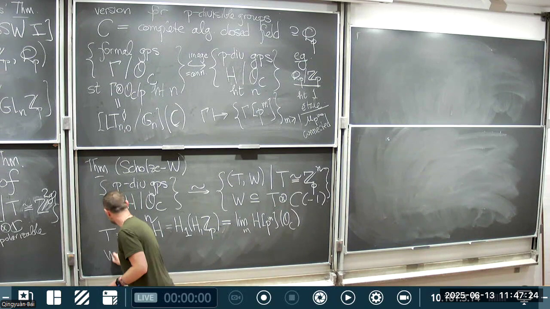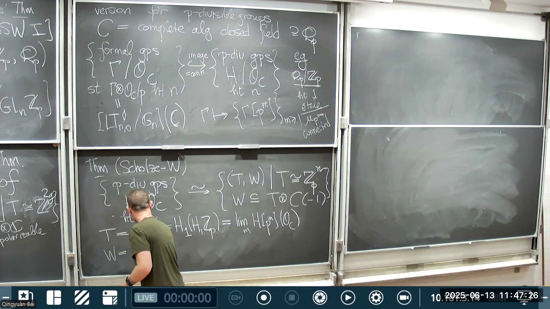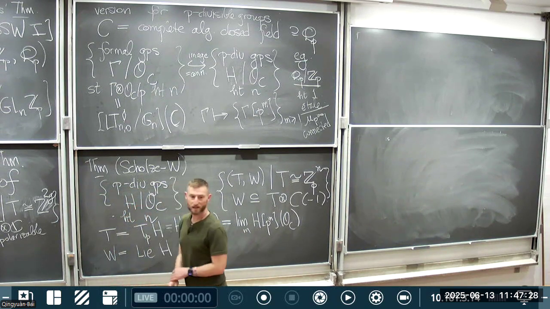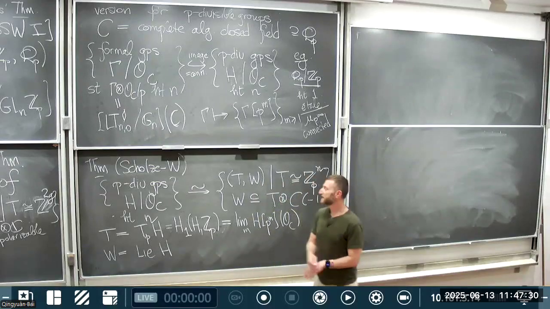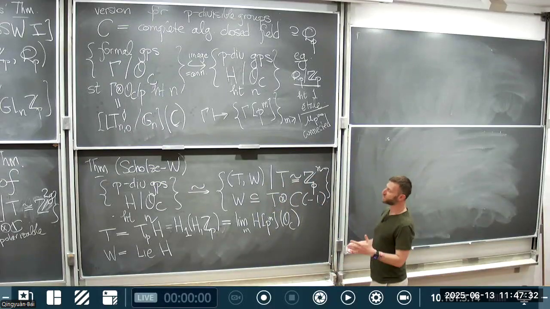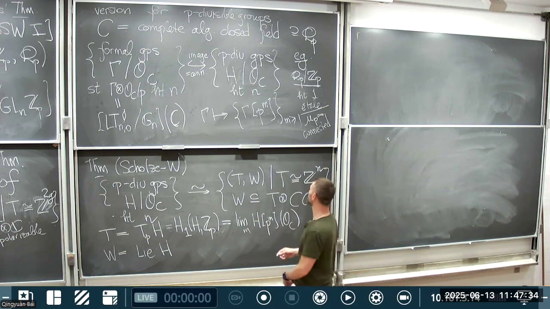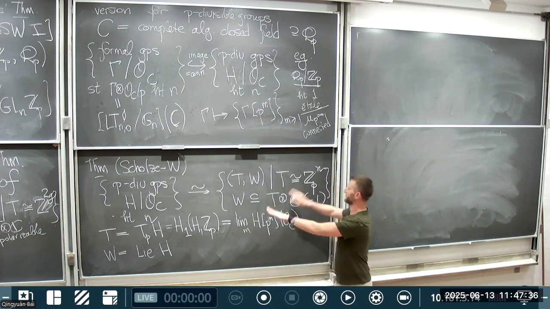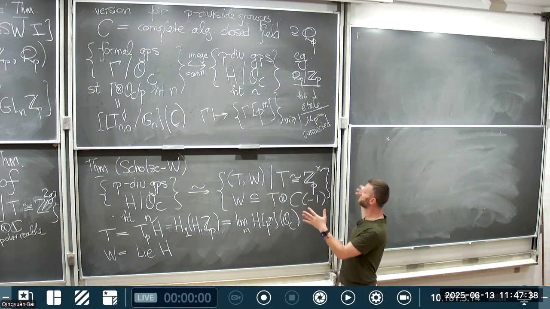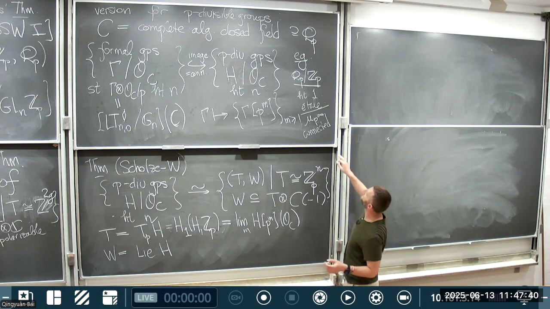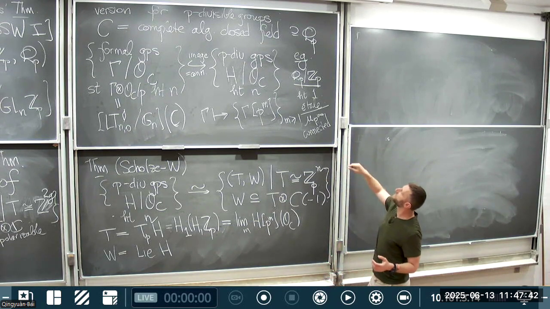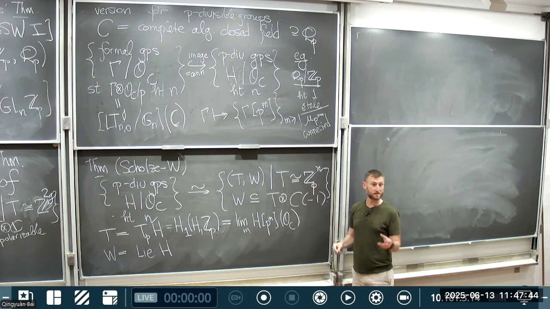And then the W is the Lie algebra of the group, which actually makes sense. Well, you have to do some work to define what is the Lie algebra of a p-divisible group. But suffice it to say, the Lie algebra behaves as you would expect. It's something to do only with the behavior around the origin.